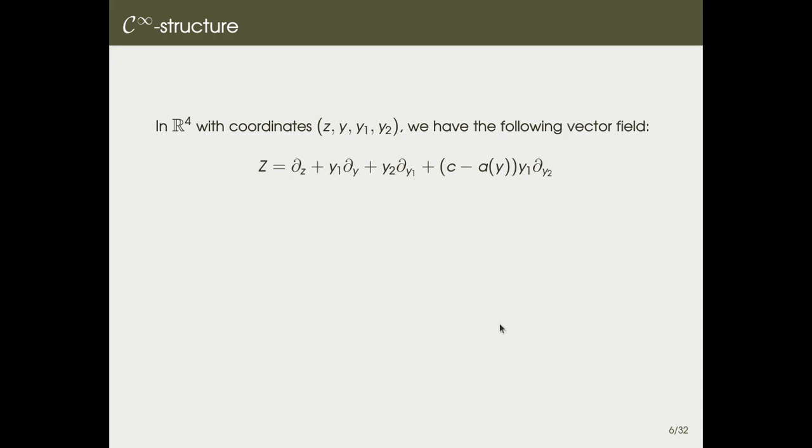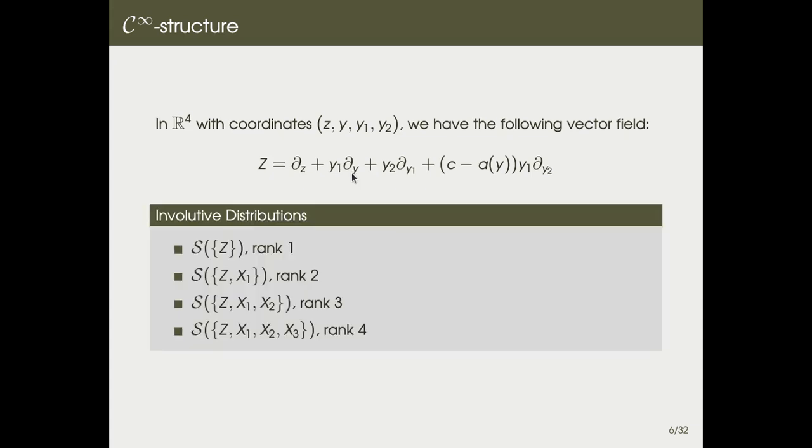So, to recap, we have this vector field in R4 encoding the ODE we want to solve, and a C-infinity structure would be something like this: a sequence of vector fields giving rise to a sequence of involutive distributions in such a way that the first one is very thin, it's only rank 1, and we have thicker and thicker distributions until the end that we recover R4.